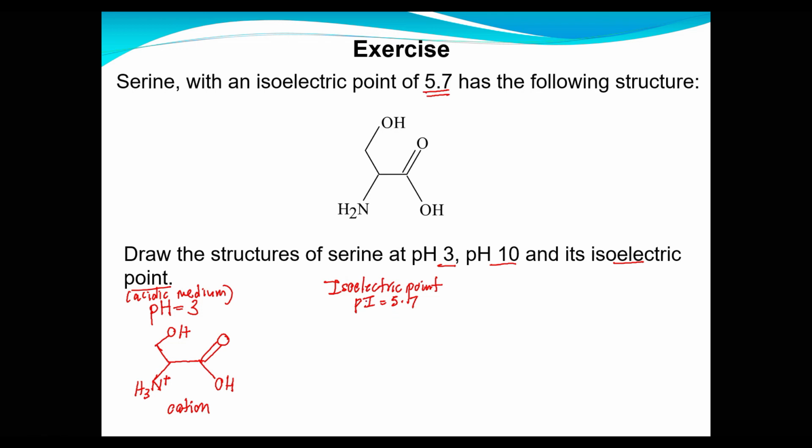So at the isoelectric point, serine exists as a zwitter ion. This is how the zwitter ion of serine looks like.